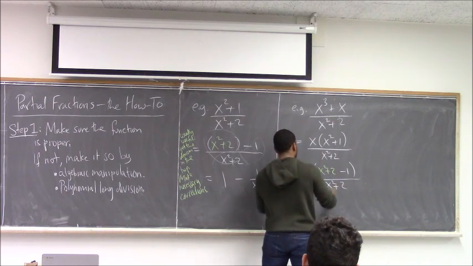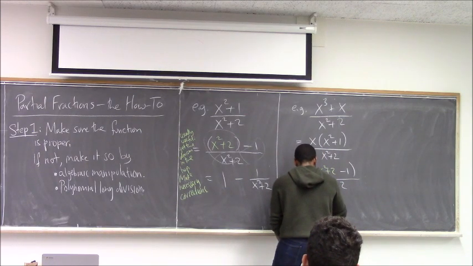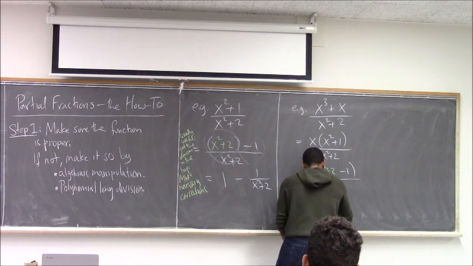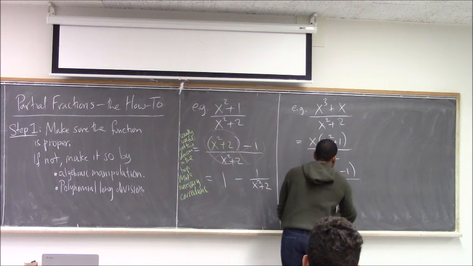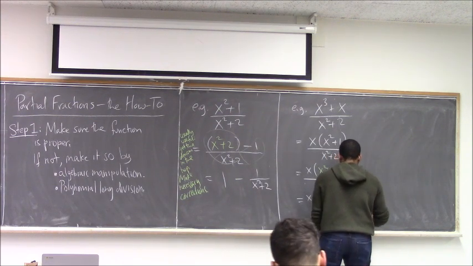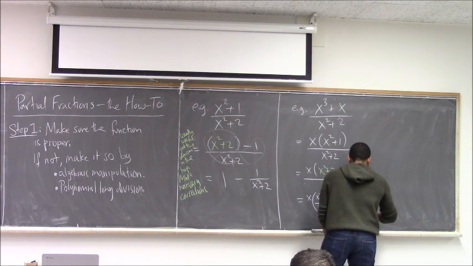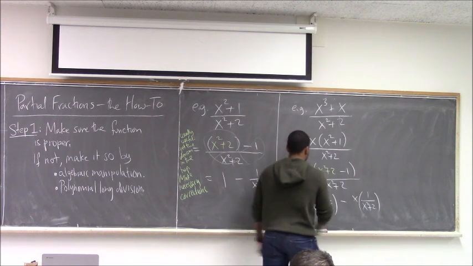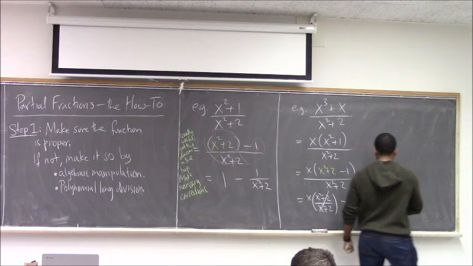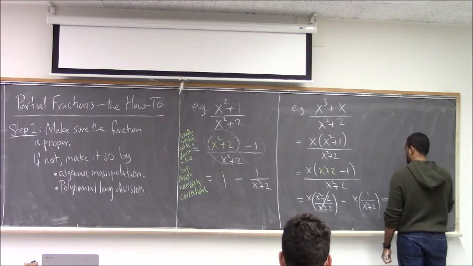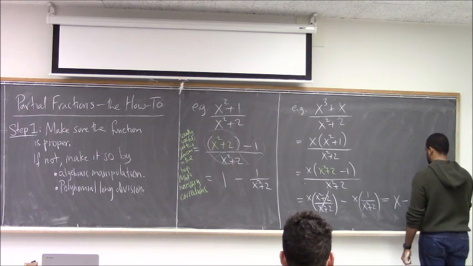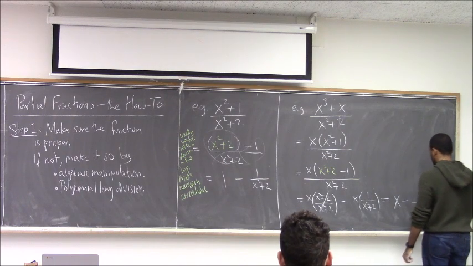And then I can, again, split it. So this is going to be x times x squared plus 2 over x squared plus 2 minus x times 1 over x squared plus 2. That cancels. And so this would become x minus x over x squared plus 2.